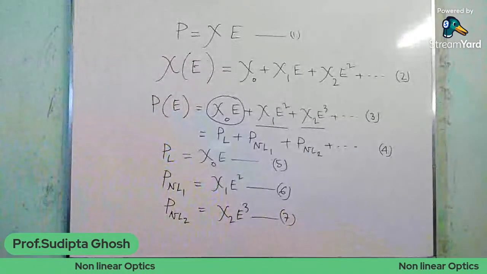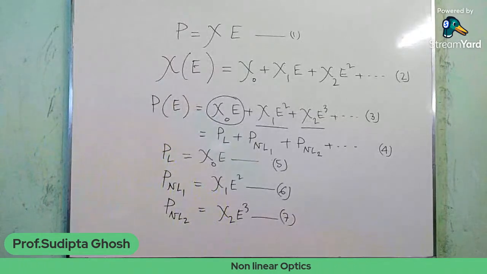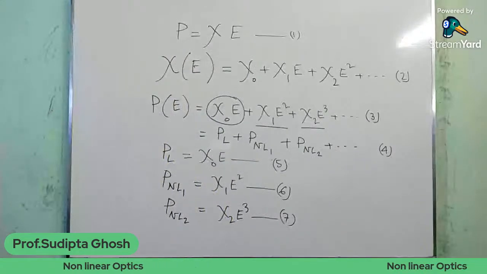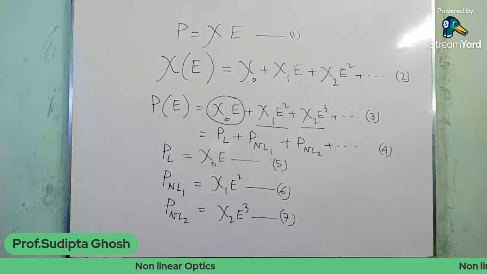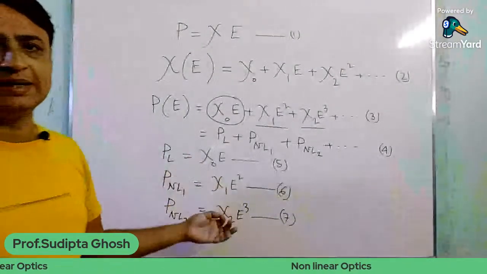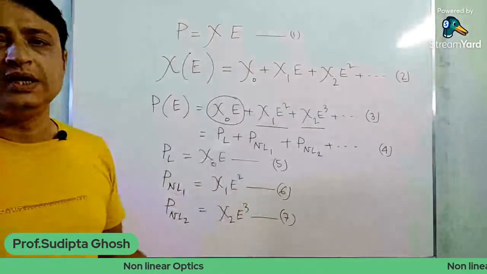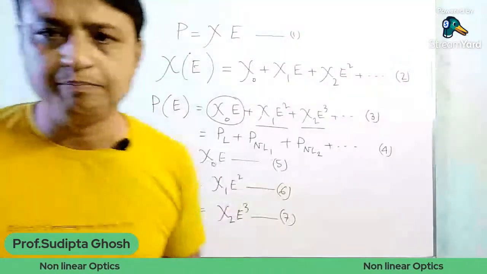Here also we can find that this can be represented as the second order nonlinear polarization term, and chi2 is the second order nonlinear susceptibility term. So chi1 is the first order nonlinear susceptibility term, chi2 is the second order nonlinear susceptibility term.